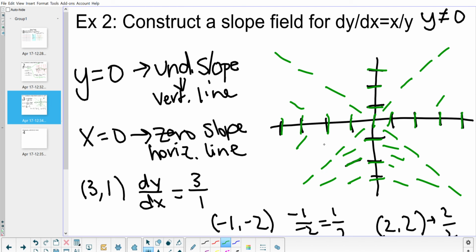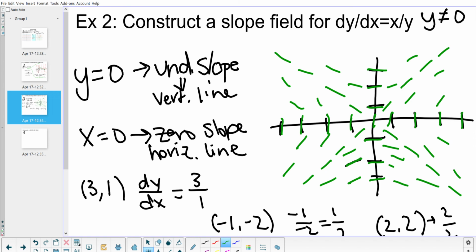So you can go through and do a bunch of these, but you can also just start getting a good picture of what this looks like. It's pretty symmetrical, so 1, 2, 1 over 2 is 1/2, and then reflect that. Okay, so it looks like that.